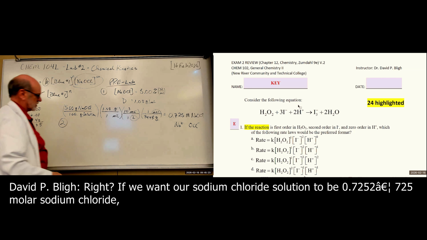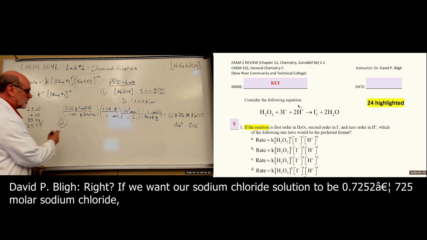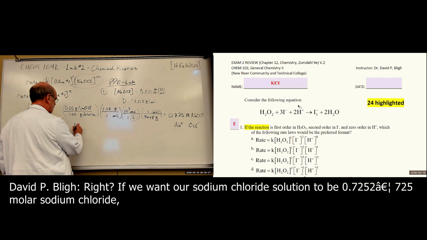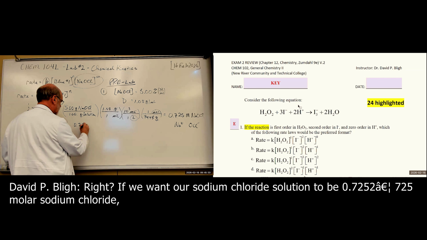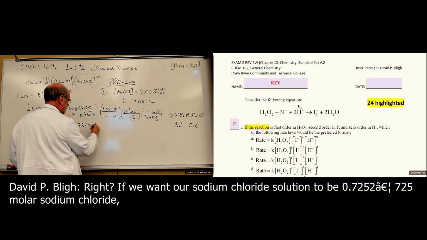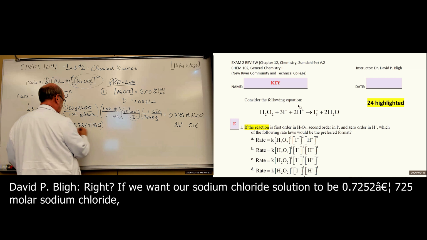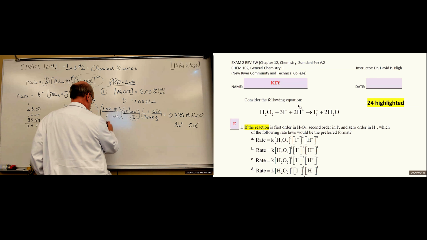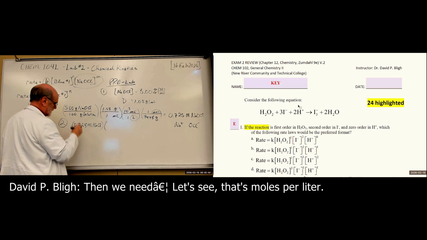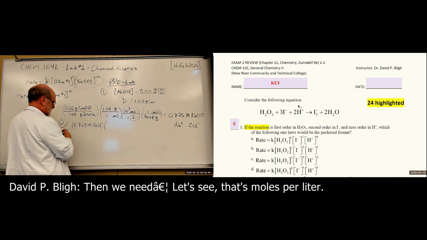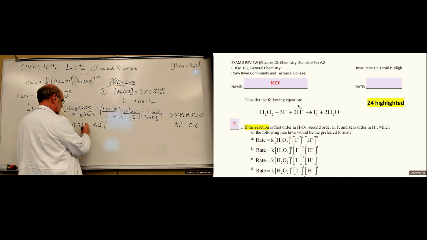Okay, so we need our diluent to be composed of sodium chloride. But we've got to make the solution, right? If we want our sodium chloride solution to be 0.725 molar sodium chloride, then we need, let's see, that's moles per liter.